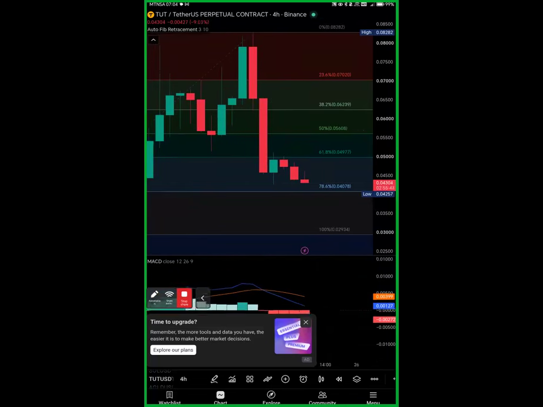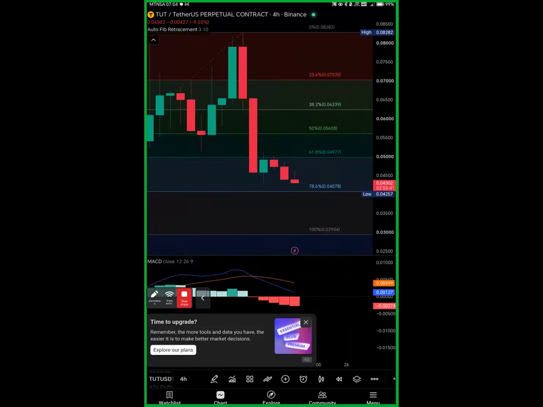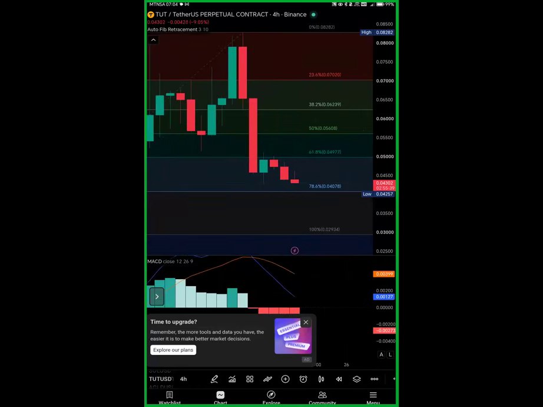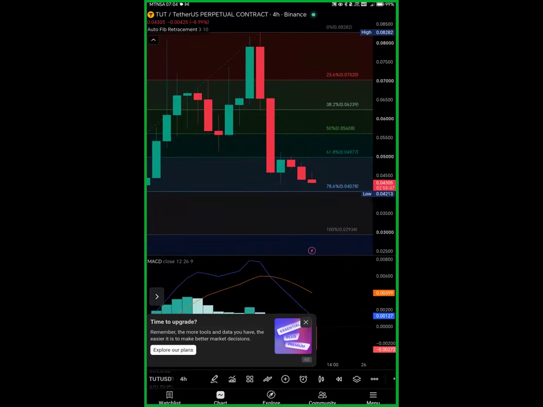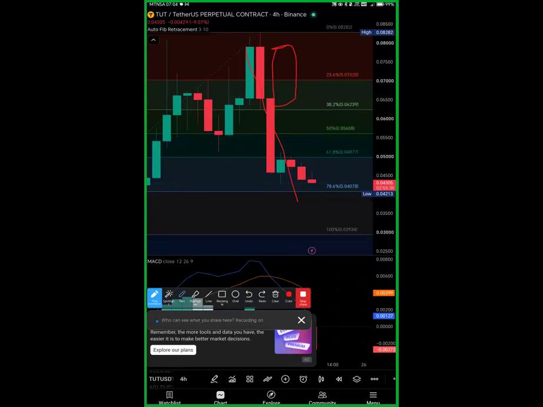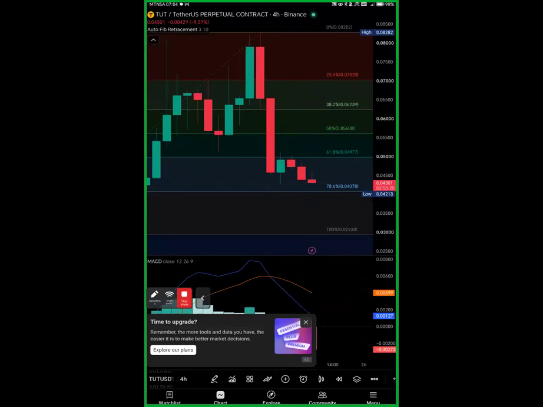And here the MACD has already shown us a crossover, which is a death cross. You can see here that there was a death cross of the MACD that was signifying this next candle here. So what type of a chart pattern is this one?